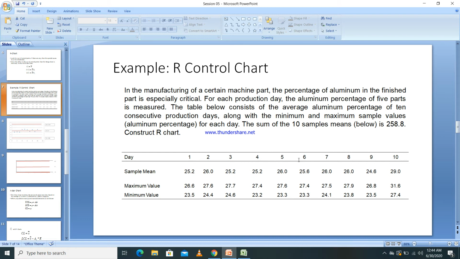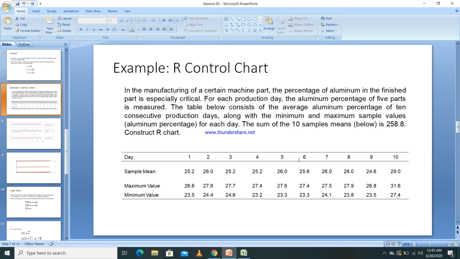Now the very important thing is, here you have done the same thing for 10 days by taking 5 parts each day. So if you consider one day, the sample size is equal to 5, right? In a day, a sample of 5 elements has been considered in order to find the sample mean, the maximum value and the minimum value.